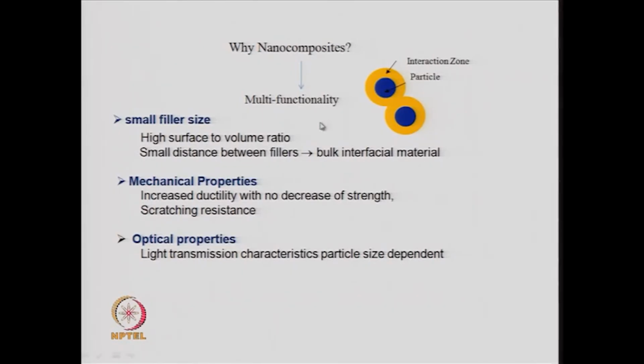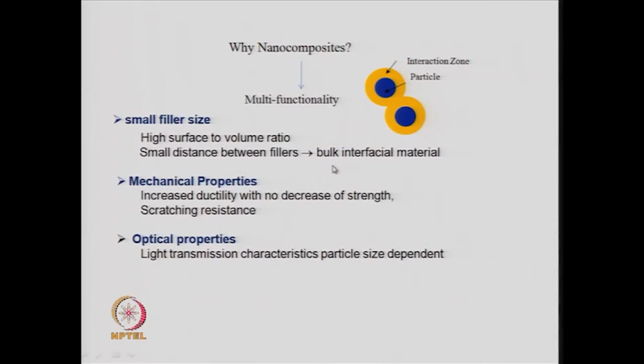When you use nanocomposites, first, the properties of interest are there in your composite. Second, you need a small filler size, because the surface to volume ratio is very high, and between the two particles acting as fillers you have small distances.